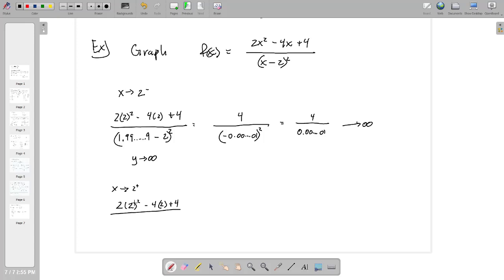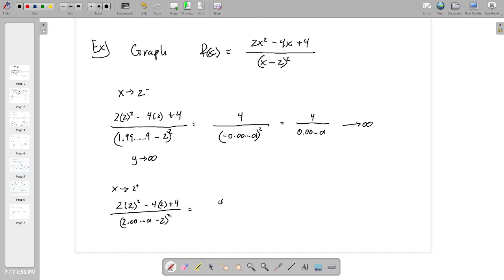So here we have 2 times 4 minus 4 times 2 is 8 minus 8, plus 4 is going to be 4 again. And this time we're plugging in a 2.00 with an arbitrary number of zeros, 1 minus 2 here, squared. We're plugging in something arbitrarily close to 2, but on the right side of 2. So this number needs to be slightly larger than 2, just like this one is slightly less than 2, because we're approaching from the right this time.